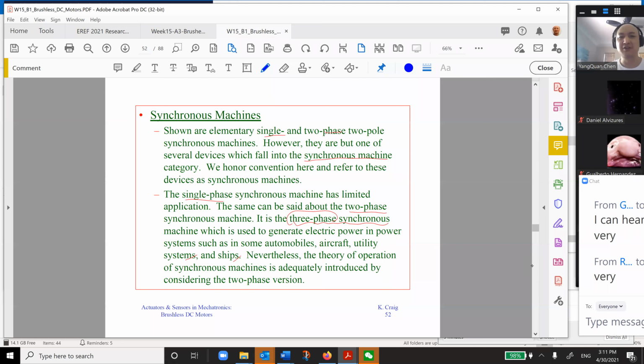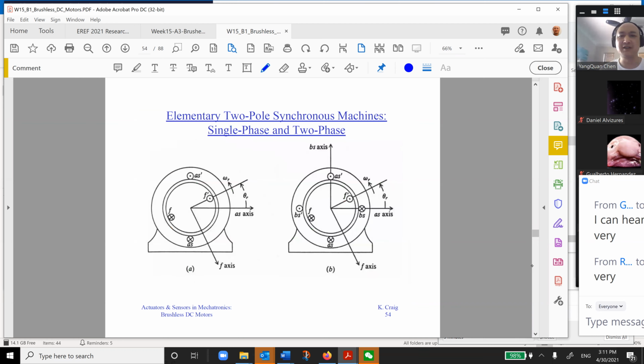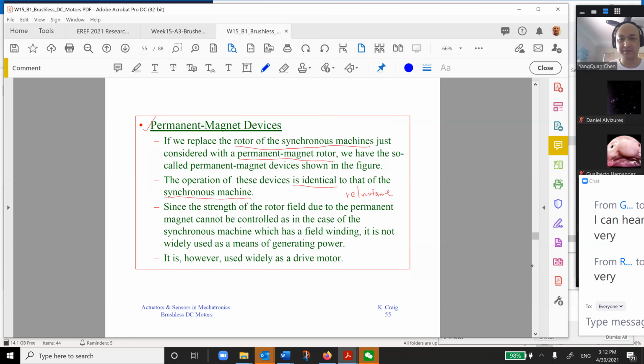And synchronous machines. This usually, oh, it's too much text. I just want to show you some figures. So synchronous machine, that means you have two rotating magnetic fields. They are at the same speed, synchronous. So this is the one we need to pay attention to. That means I have a permanent magnet. So usually we replace the rotor with a magnetic rotor.